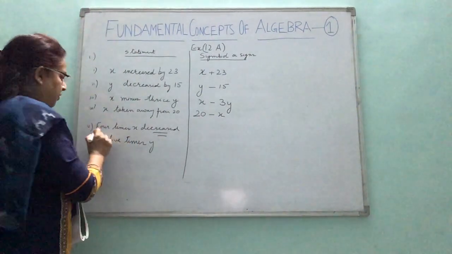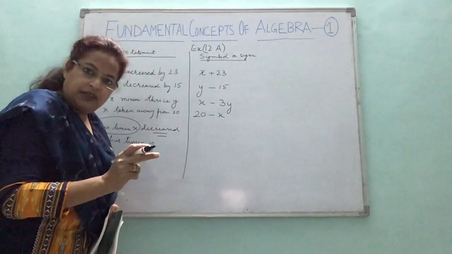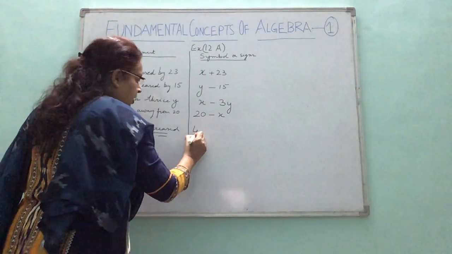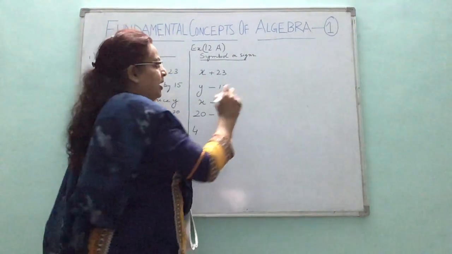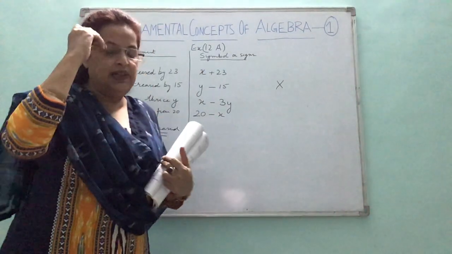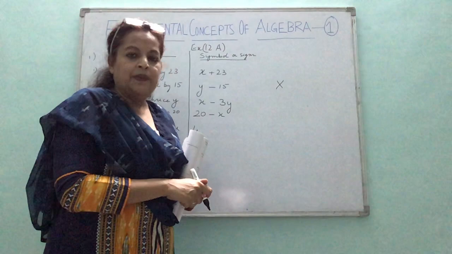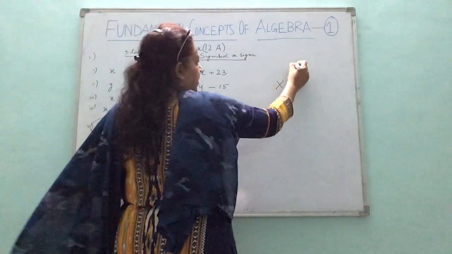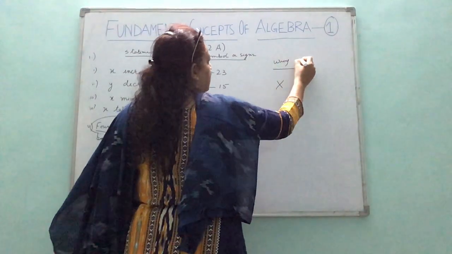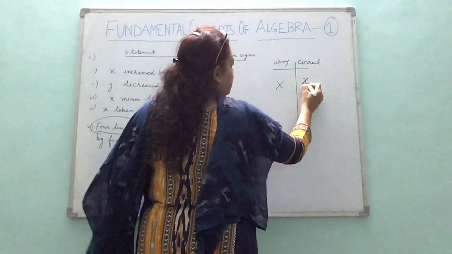4 times x. Times means multiply, and the multiplication symbol we do not put. Now in algebra, children, as you write, don't write x like this. All these symbols and alphabets which we use as variables are always written in cursive. So x is not written like this. This is the wrong way, and this is the correct way. x is always written like this.